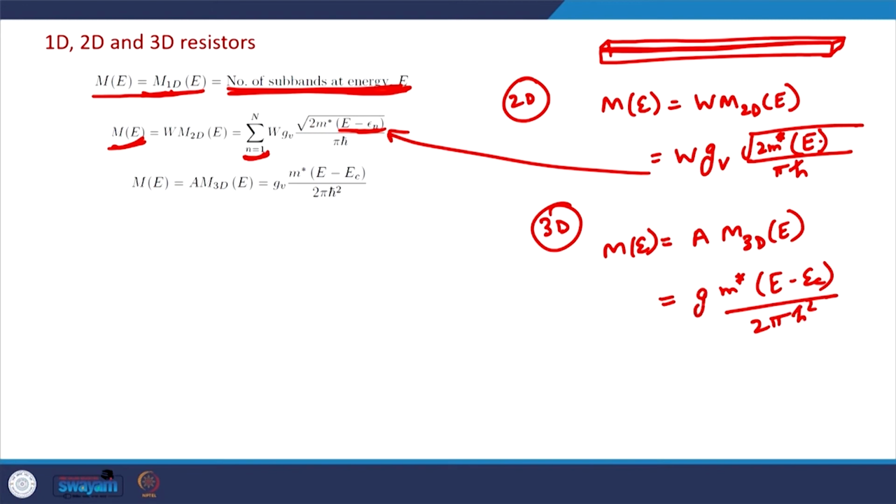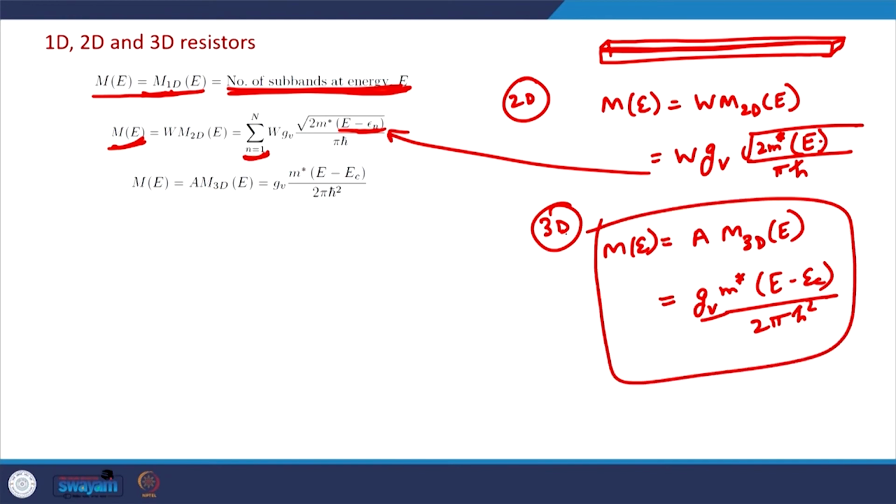And if GV is the valley degeneracy, this GV will appear here, and this will not change actually, because the practical 3D conductor is actually the way an ideal 3D conductor will look like.